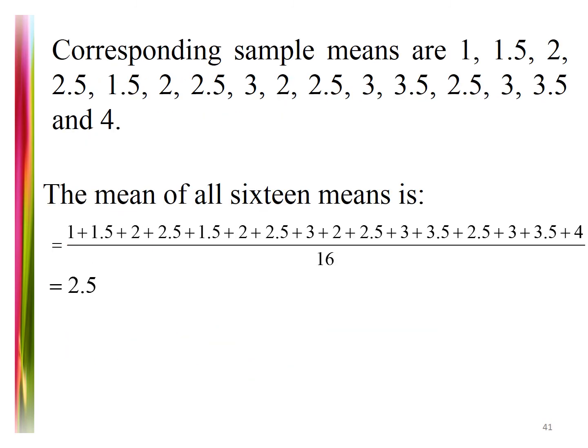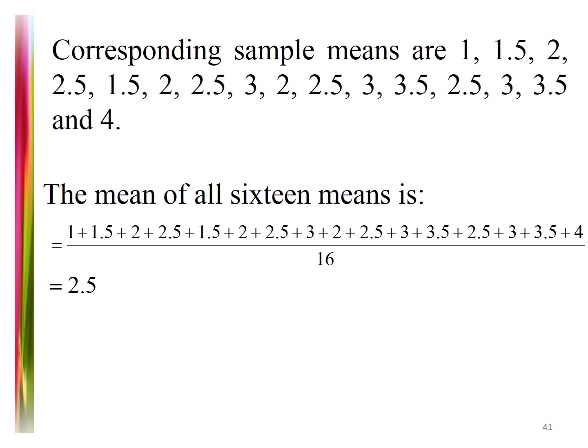Then calculate the average value of each sample. The first sample, 1 plus 1 divided by 2, is equal to 1. And 1 plus 2 divided by 2 is equal to 1.5. Similarly, the last one, 4 plus 4 divided by 2, is equal to 4.